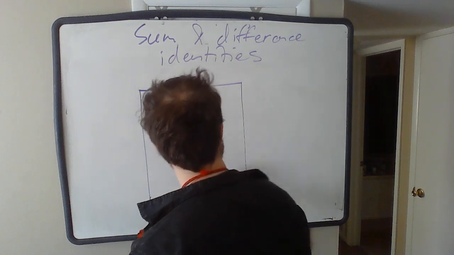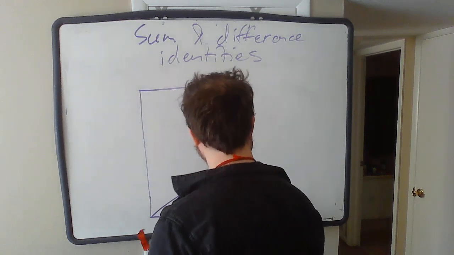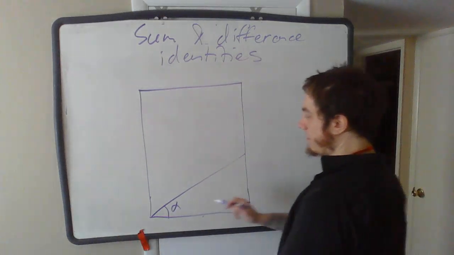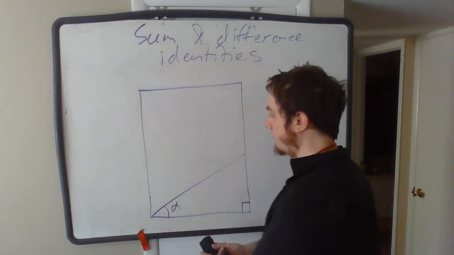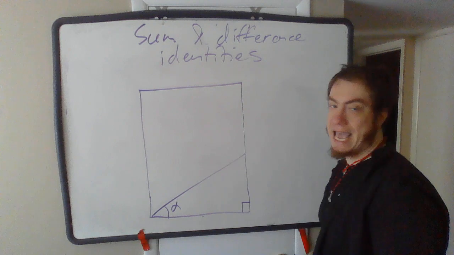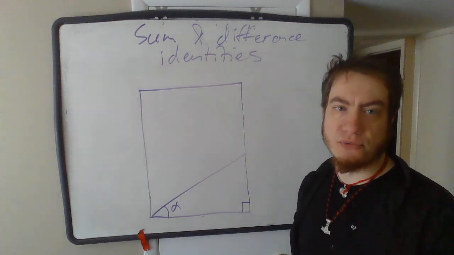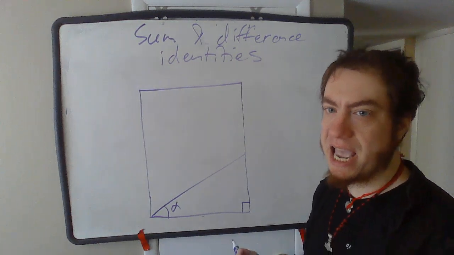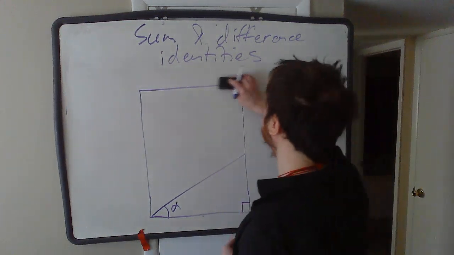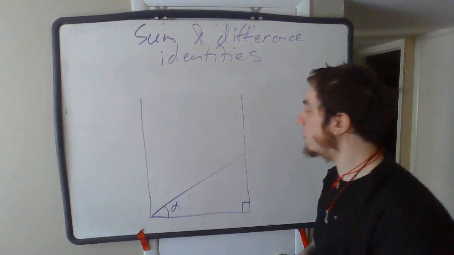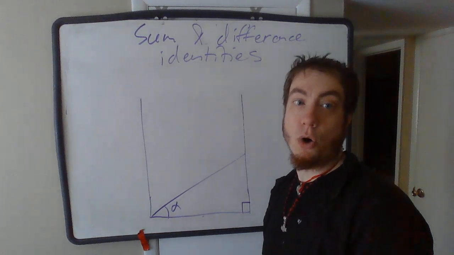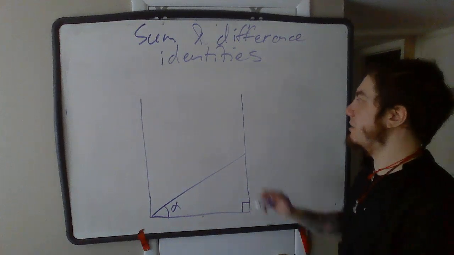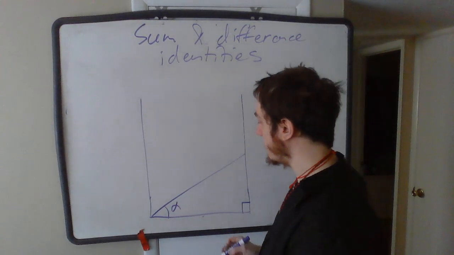Now, I want to make this rectangle such that I put this line here from the lower left corner over to here, and we're going to make that angle alpha. Now, we can just do that wherever it happens to be. I'm going to leave the top of this rectangle open for the moment, because that's something I want to add later. So I don't know how tall I want this rectangle yet.